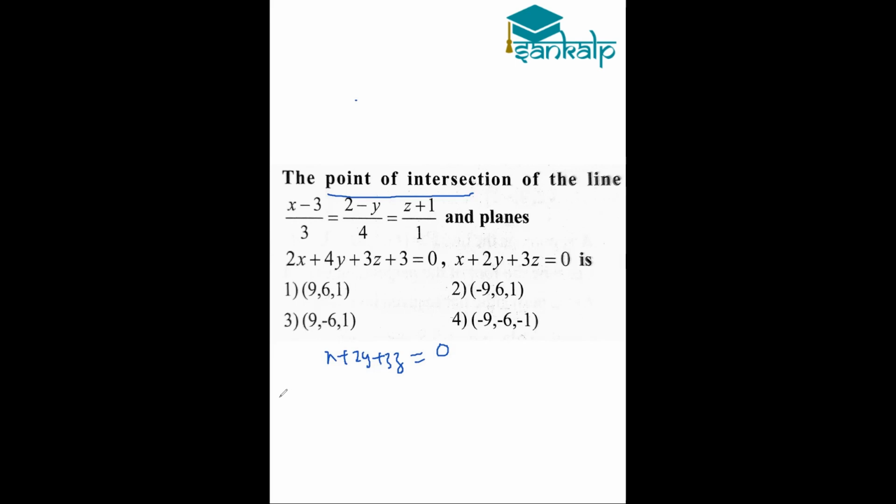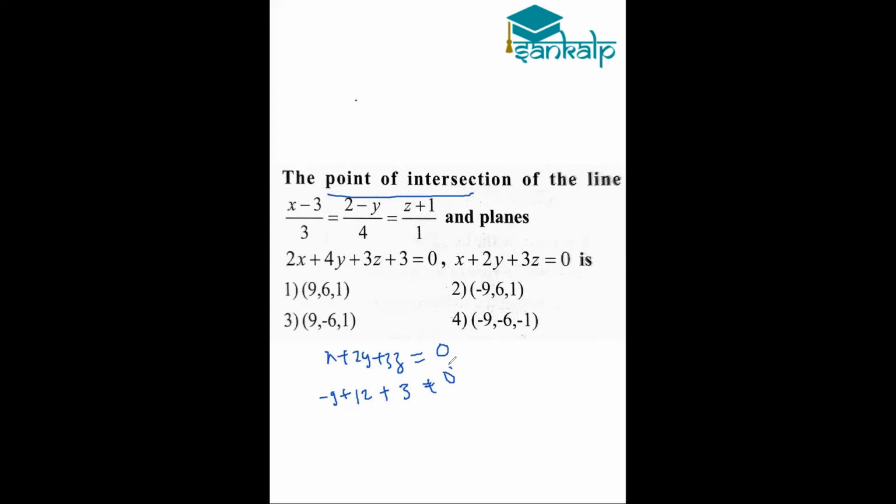So when we substitute the second point, x value is minus 9, 2 into 6 is 12, and 3 into 1 will be 3. So again, it is not equal to 0.